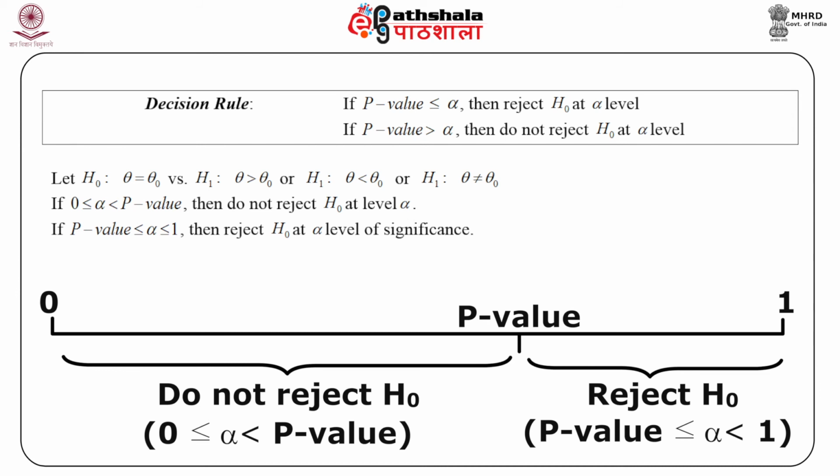So, if alpha is between 0 and p-value, then we do not reject the hypothesis at level alpha. If alpha is between p-value and 1, then reject null hypothesis H0 at alpha level of significance.